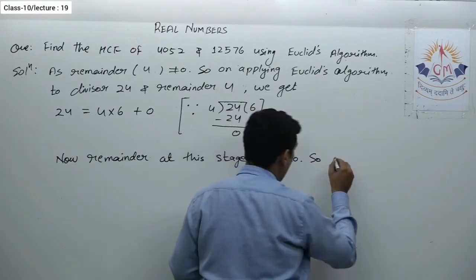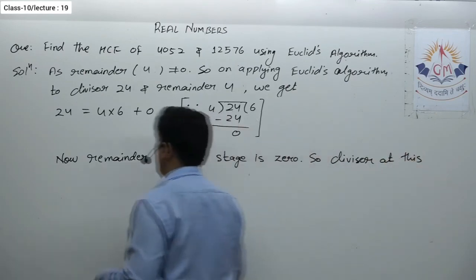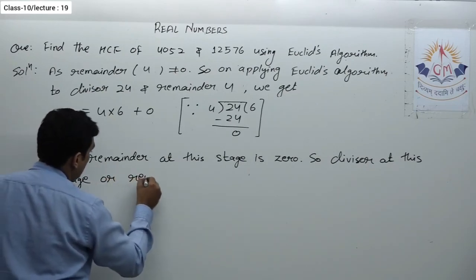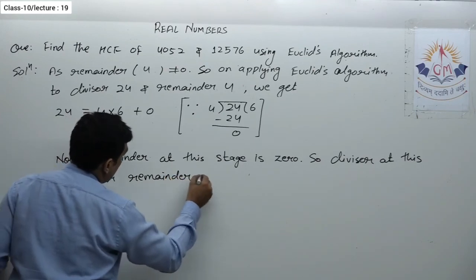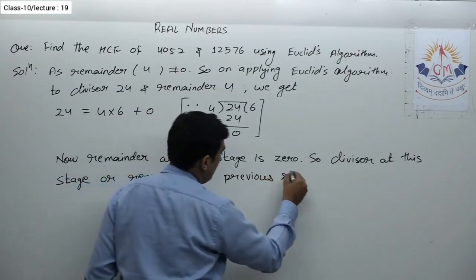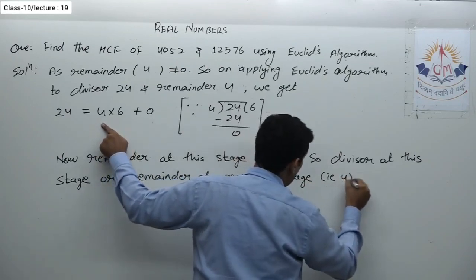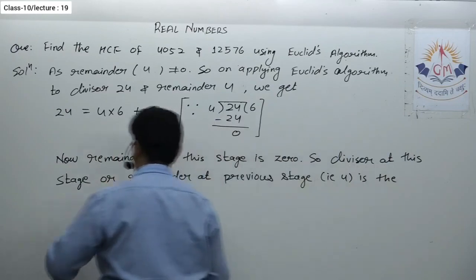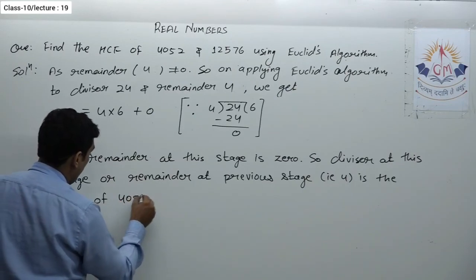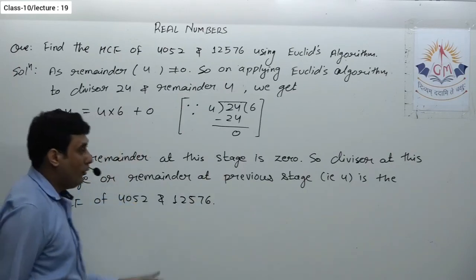So divisor at this stage, or remainder at previous stage, that is 4, is the HCF of 4052 and 12576. I hope this is clear to you.